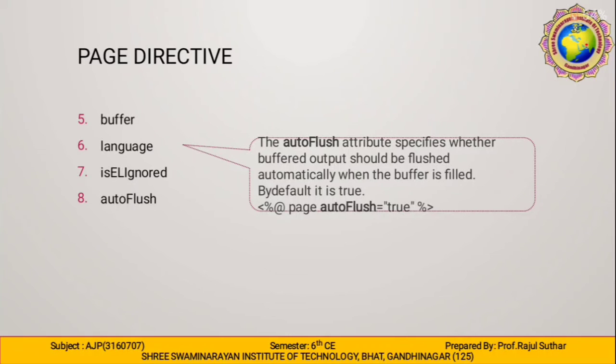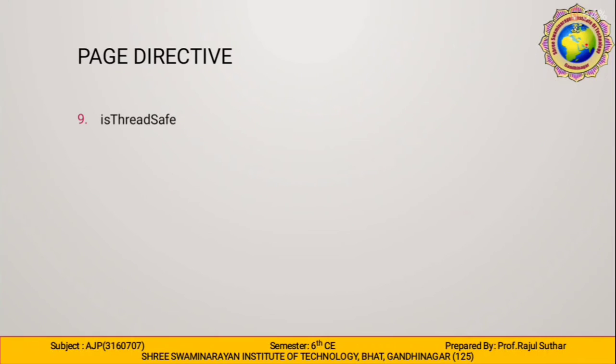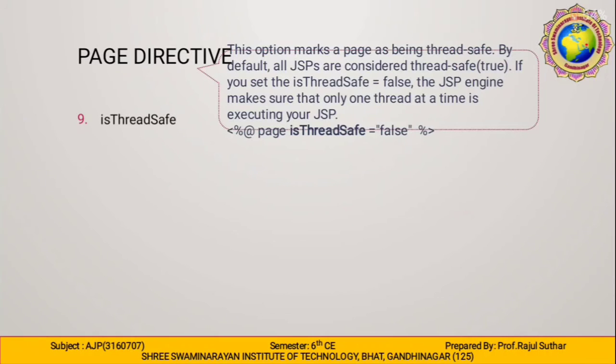The autoFlush attribute specifies whether the buffered output should be flushed automatically when the buffer is filled. By default it is true. So in the page directive autoFlush is equal to true. Next, isThreadSafe. This option makes a page thread safe by default.